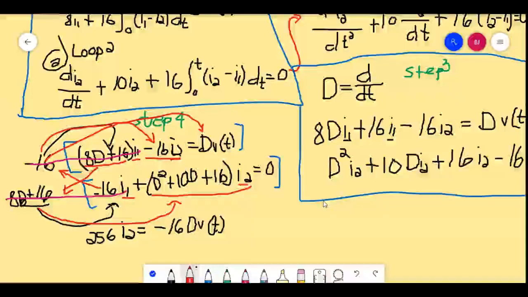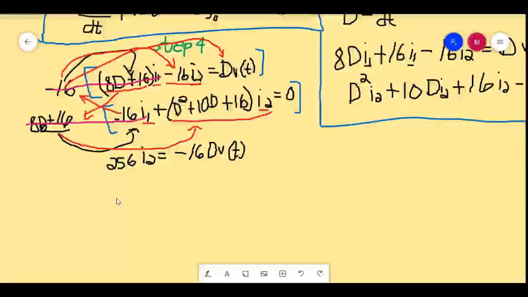So that will be 8d plus 16 multiplied by the d squared plus 10d plus 16 I2. So this would be a bit long. Let me just go ahead and check what needs to be done. So we multiply 8d first. Anyway, this one is fine already. This is already our first equation. Let's just mark this up as equation 1.